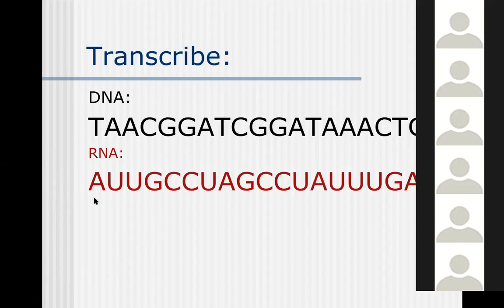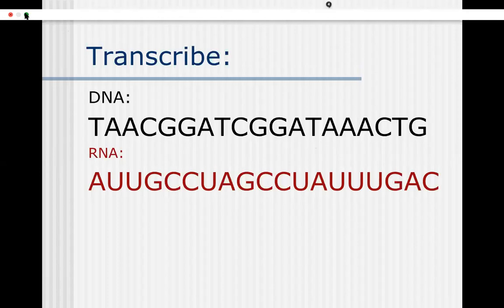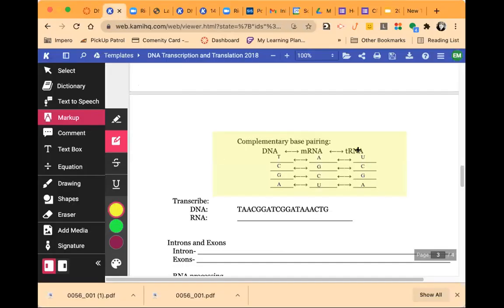T pairs with A, A pairs with U, A pairs with U. C pairs with G, G pairs with C, G pairs with C, A pairs with U. T pairs with A, C pairs with G, G pairs with C, G pairs with C, A pairs with U. T pairs with A, A pairs with U, A pairs with U, A pairs with U, C pairs with G, T pairs with A, and G pairs with C. If you are confused about how that happened, go back to your cheat sheet.